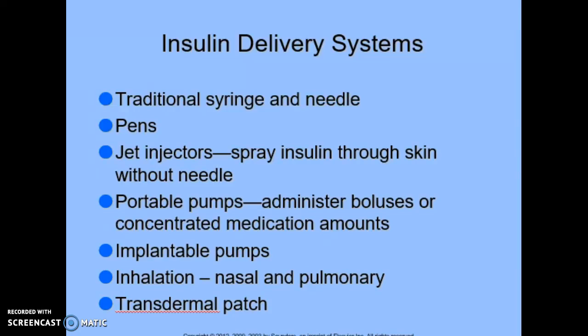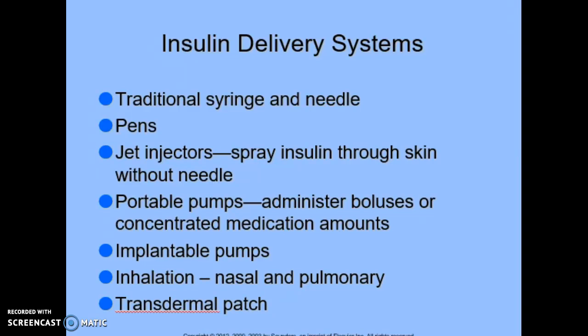So let's talk about the insulin delivery system. What are the guidelines that relate to the mixing of different insulin preparations? You're going to want to look in your textbook and understand that. So traditional insulin delivery systems are usually syringe and needle. We now have pens.